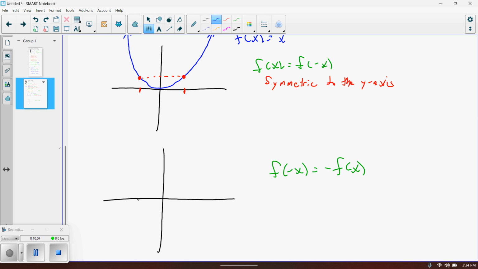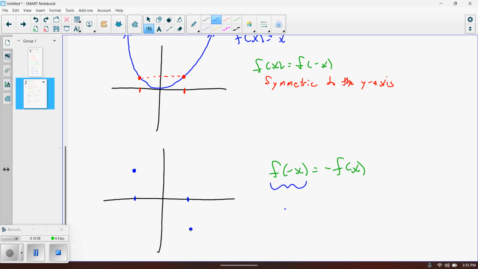If I plug in -4 for x and it produces some kind of y value, that's the left-hand side here. Let's say that the y value is up here, whatever that y value is. The other side of that says that if I were to take the same value of x but in the positive direction, so I'll plug in maybe a +4 for x, it should produce the negative of that y value. So instead of going up, it would be down here.